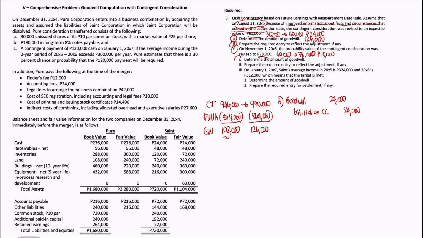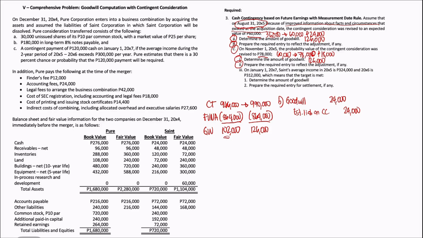So to answer letter C, goodwill stays as is at $126,000. The increase of $18,000 is instead recognized in profit or loss. Profit or loss because the contingent consideration is payable in cash. Had the contingent consideration been payable in equity, we would have not recognized the increase of $18,000 at all.